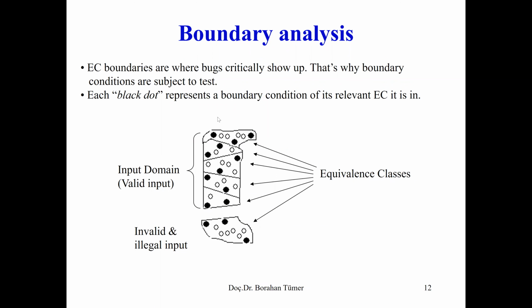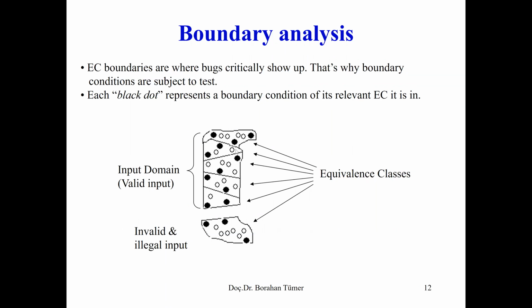All right. Now in this slide, we are talking about what should be these representative inputs for each input class. And here we underline the importance of the boundary values within the equivalence classes. EC boundaries are where bugs critically show up. That's why boundary conditions are subject to test. So each black dot represents a boundary condition of the EC it is within.